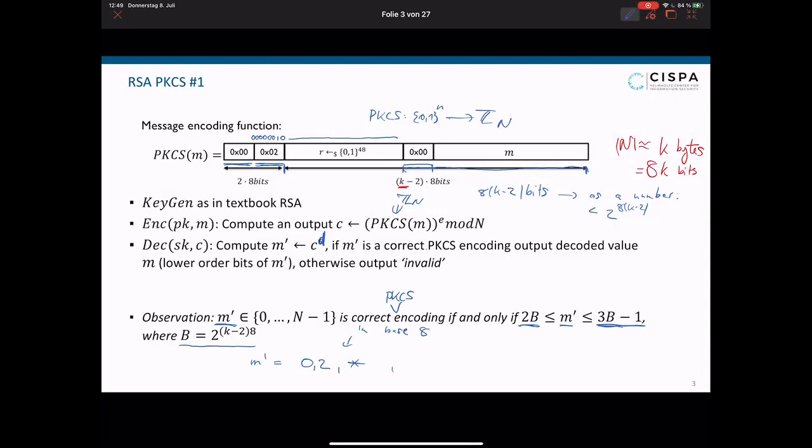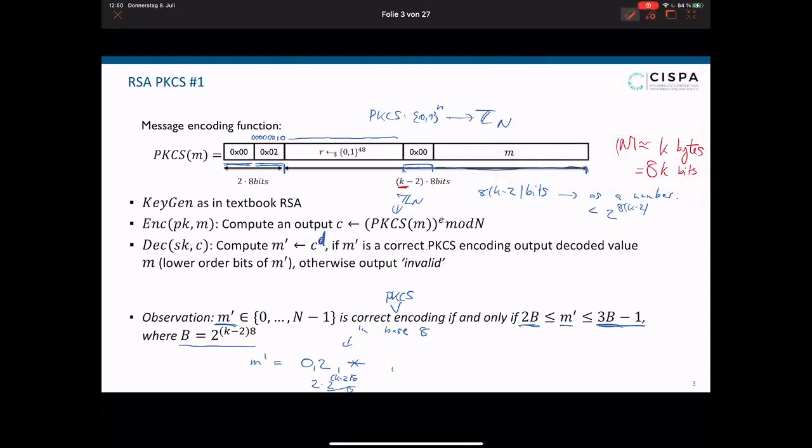The 0 is just 0, but this 2 is multiplied with 2 to the k minus 2 times 8, which is just our B.